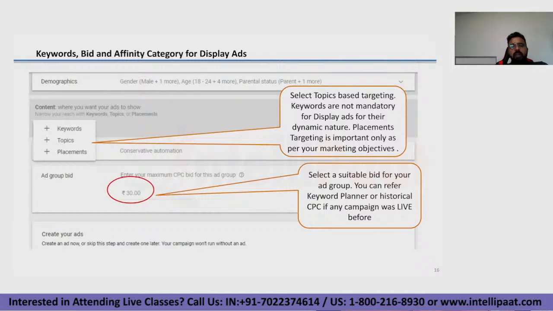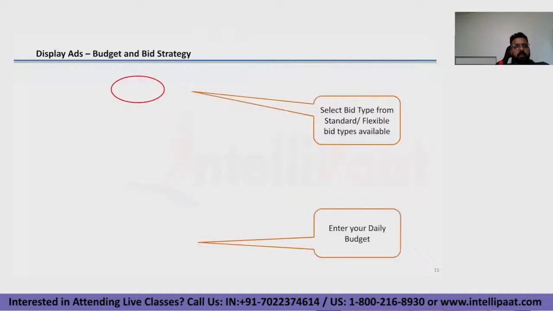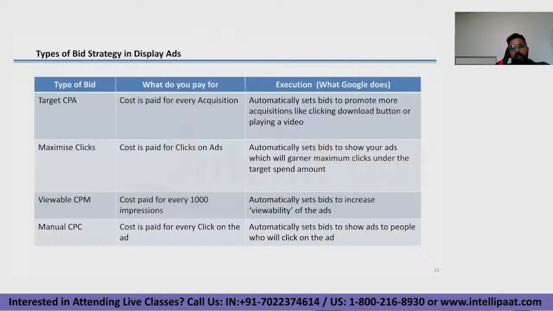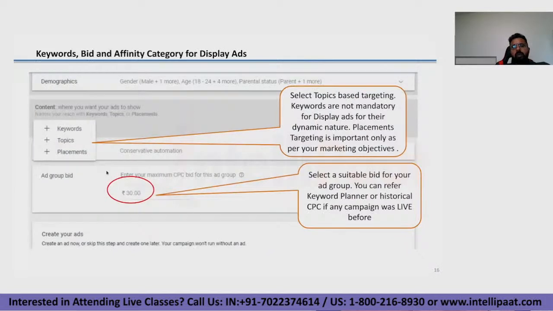One more thing is that earlier, if you selected a strategy, you will also see what is the bid that you want to put on this particular ad group as per that strategy. So earlier we selected max CPC. That is why in this case it's showing the CPC option.